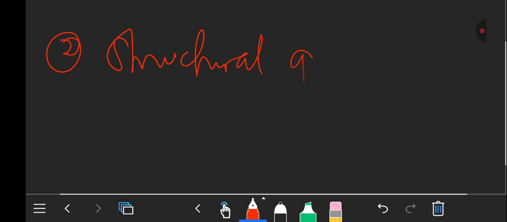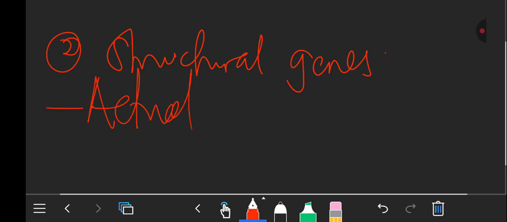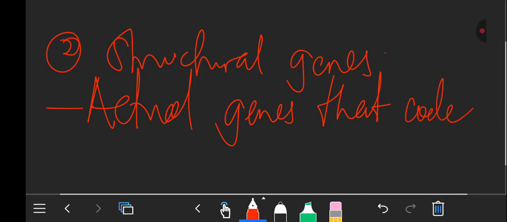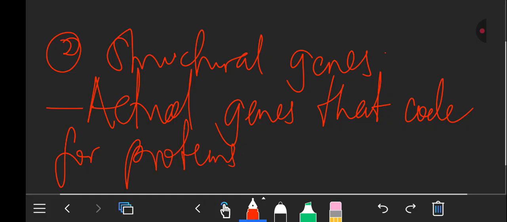So let's try to talk about structural genes. So what are structural genes? Structural genes are these genes which are able to code for the proteins. So I'm saying these are actual genes that code for proteins or that form proteins. It's just one and the same thing, to code or to form proteins.